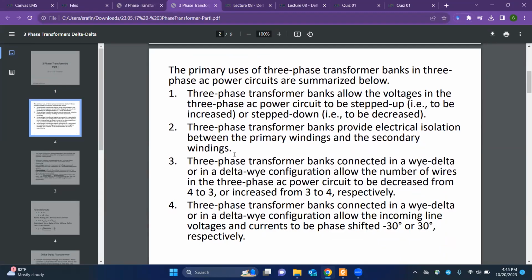So three-phase transformer bank allows the voltage in three-phase AC power circuit to be stepped up or stepped down. We all know this, but in today's example, we'll see how we can use the concept of three-phase in a transformer, and we connect three single-phase arrangements to make it a three-phase arrangement.